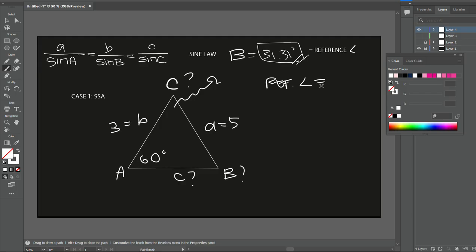It can be calculated as 180 minus the b.